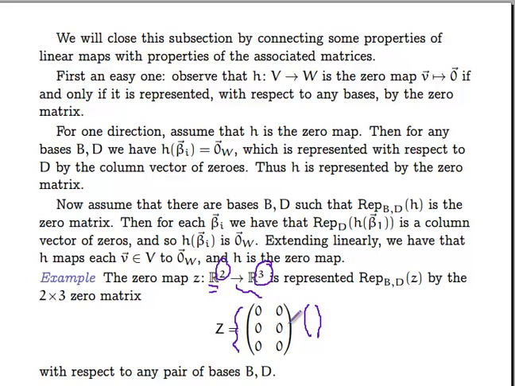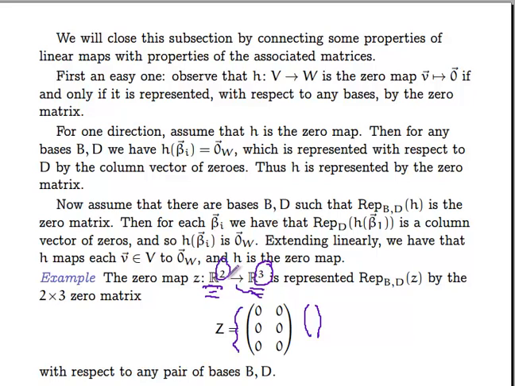In order to make this representation work, you need as many components here as you have dimension for this domain. On the other hand, the result is going to be a representation of a vector in R3, so you need as many components in each column as you have dimension of the codomain.